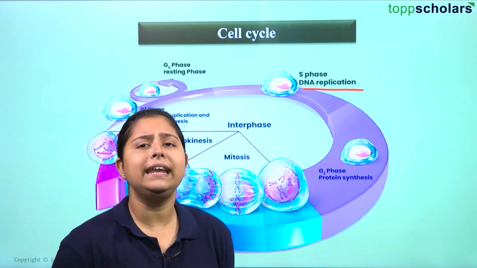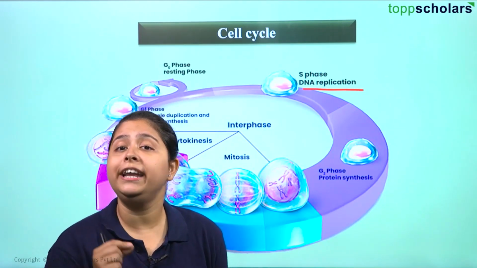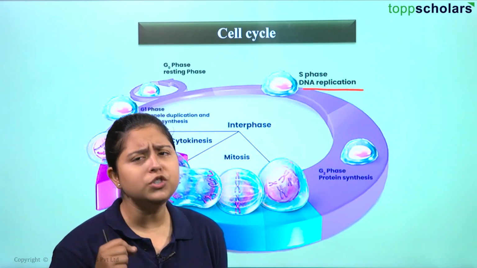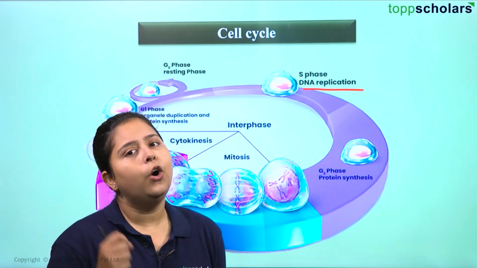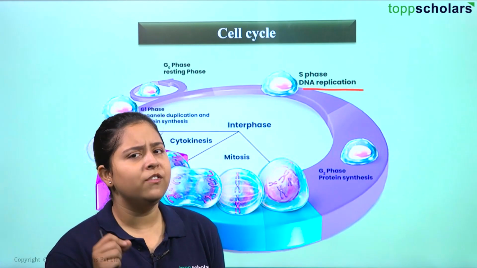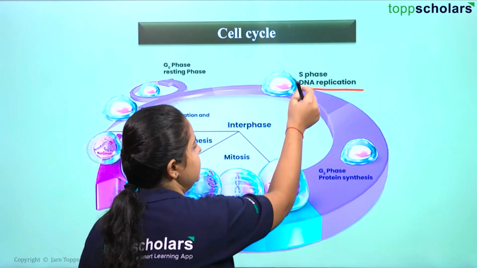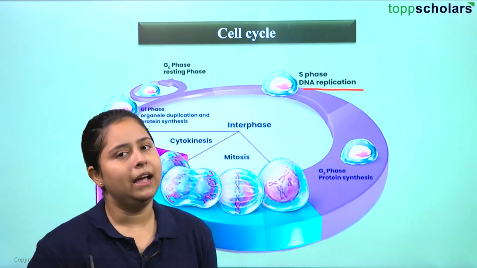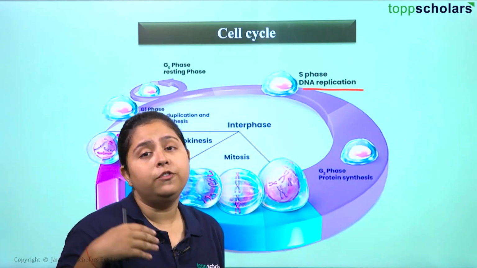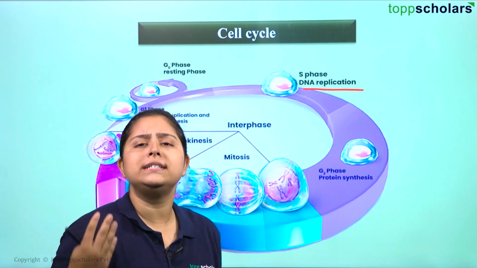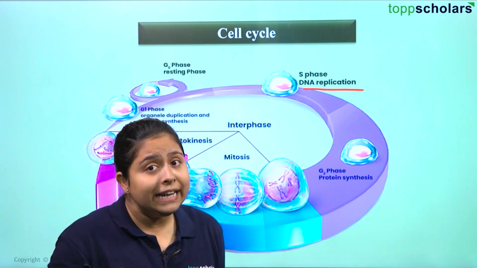And what is DNA? DNA is the genetic material of most of the organisms, right? Only we need to exclude some RNA viruses. Otherwise, all the cells have DNA as the genetic material. And for a cell to divide, for a cell to multiply into more cells, we need to have DNA in it.